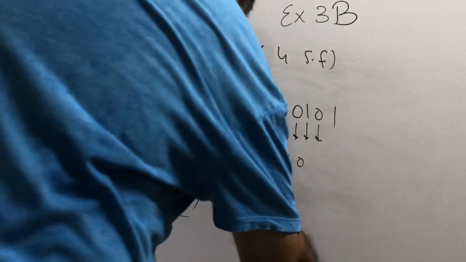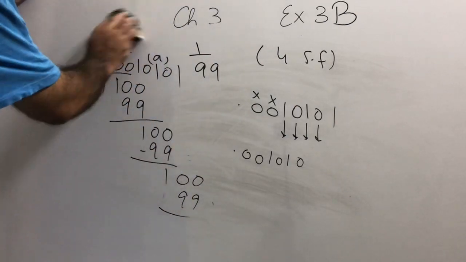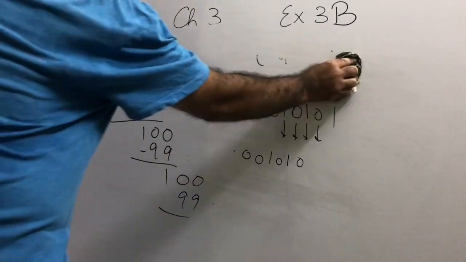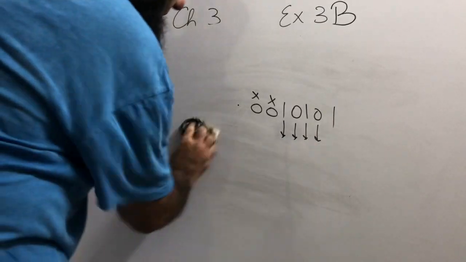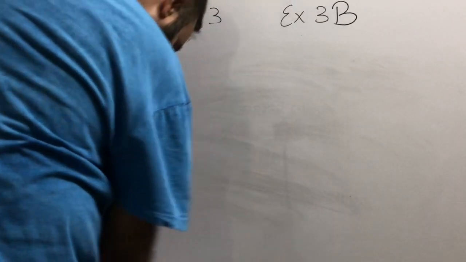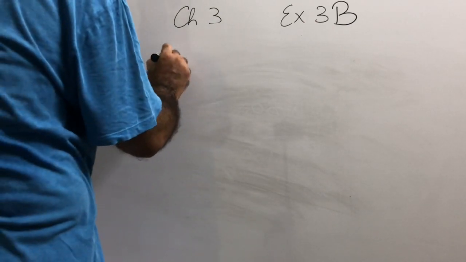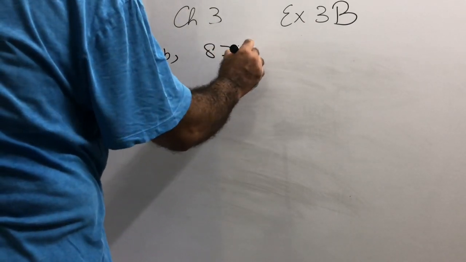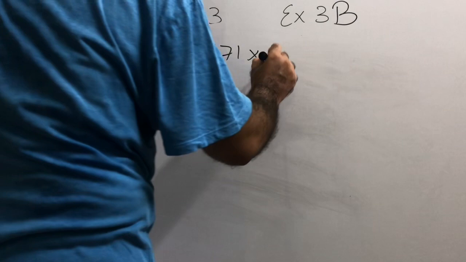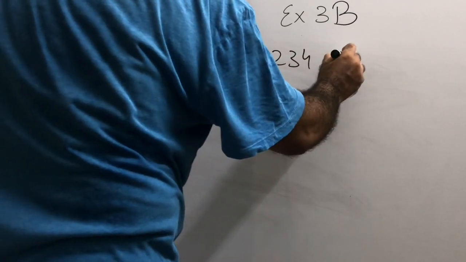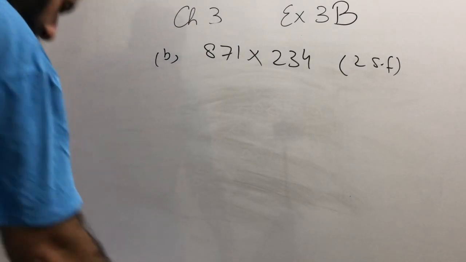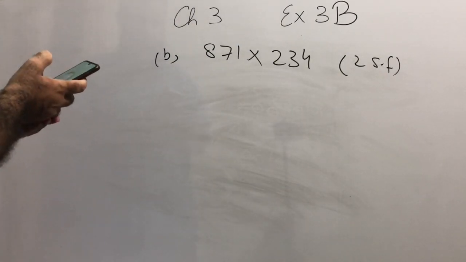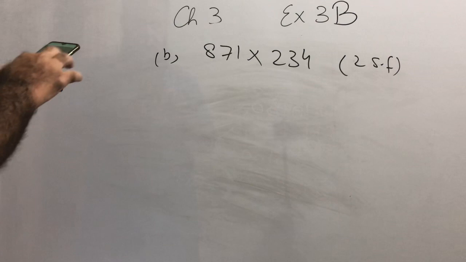Okay, now we will be doing part B. Part B says 871 multiplied by 234, two significant figures. We will multiply these two by using calculator.